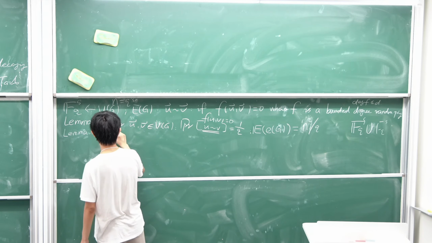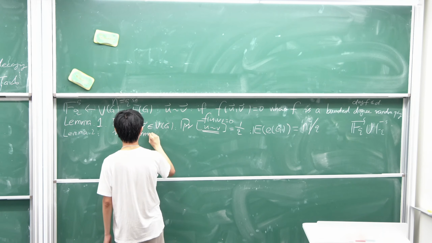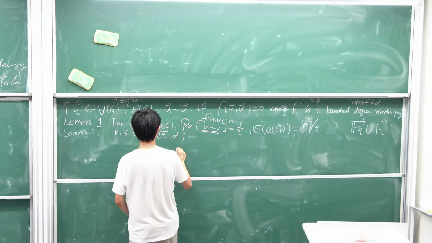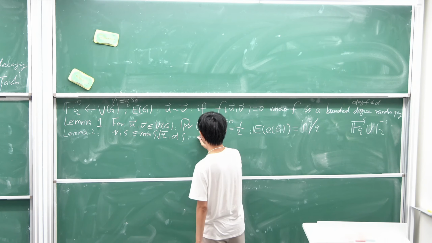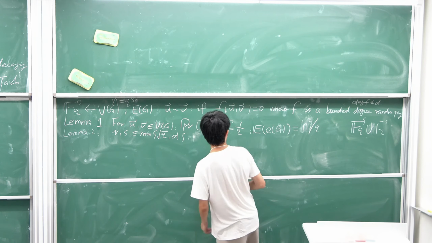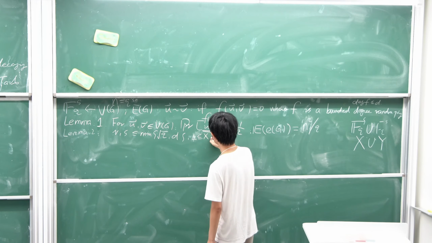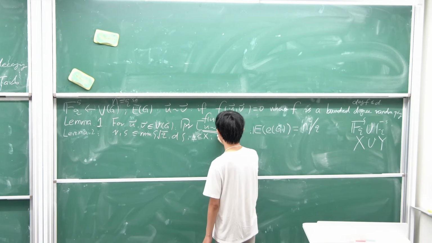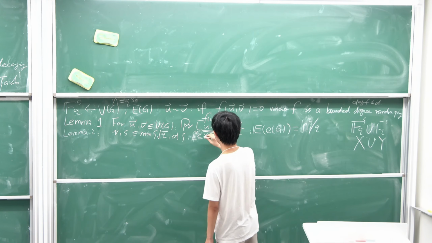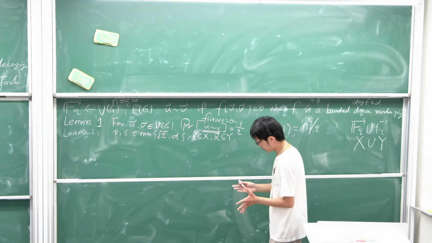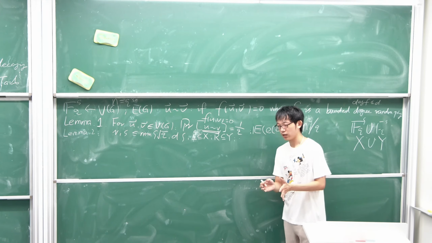Under some conditions, for example, there are two parameters R and S, and if R and S are less than the minimum, the constant T is less than Q. If L is a subset of X and R is a subset of Y, with L of size R and the other of size S, and they form a complete bipartite graph, the probability that they form a complete bipartite graph is also like in the random graph.